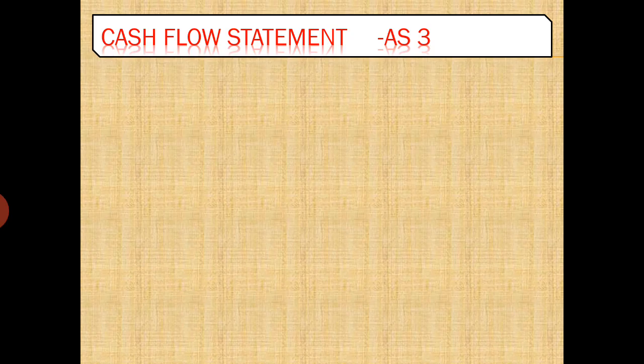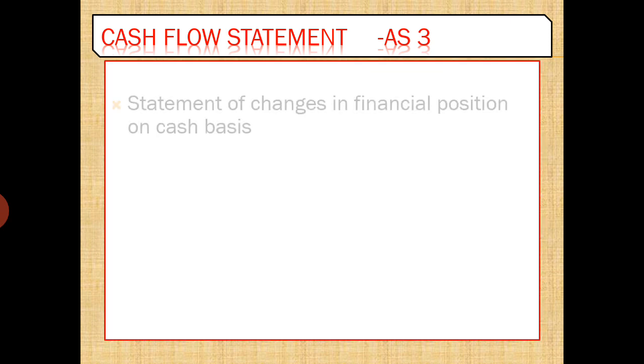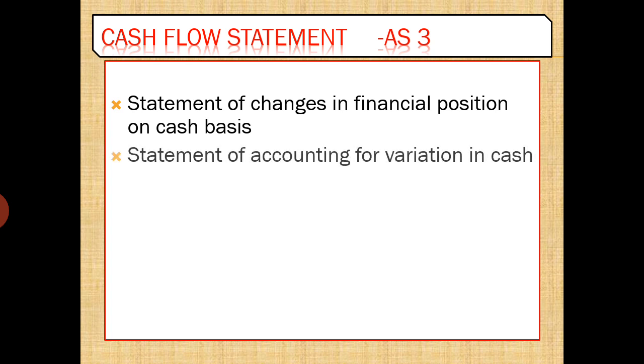Cash flow statement is prepared as per Accounting Standard 3. Cash flow statement is also known as statement of changes in financial position on cash basis, and also known as statement of accounting for variation in cash.